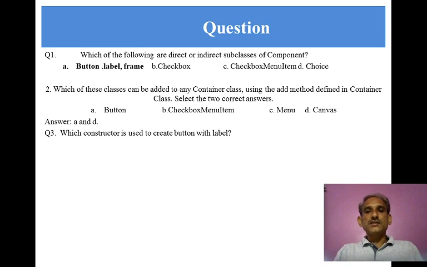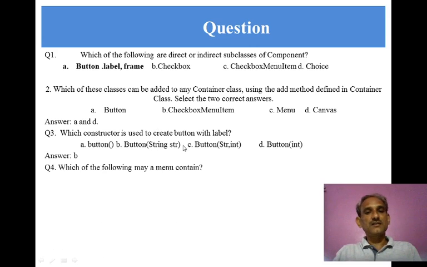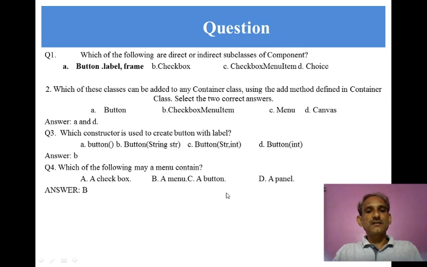Which constructor is used to create a button with a label? This is the simplest thing that you can write. The answer is B, Button(String str). By using this constructor you can create a button with a label. Which of the following may contain a menu? Checkbox, a menu, a button, a panel. Again here, a menu.